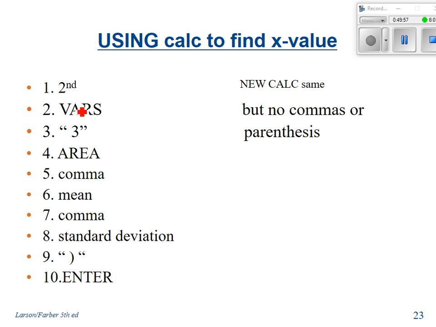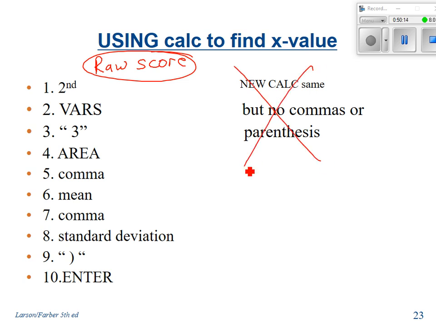Using the calculator to find the x value. So now you're finding the raw score. If you want the raw score, which a lot of times is more useful, you want the raw score instead of the z-score. Again, we don't need this over here. This time you're going to punch in 3 things: area, mean, standard deviation.